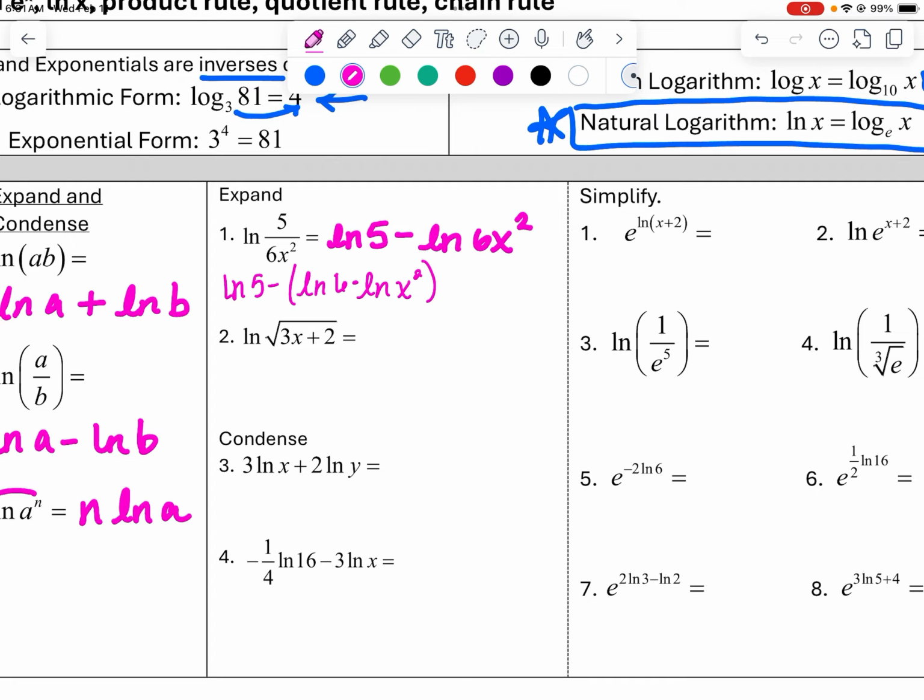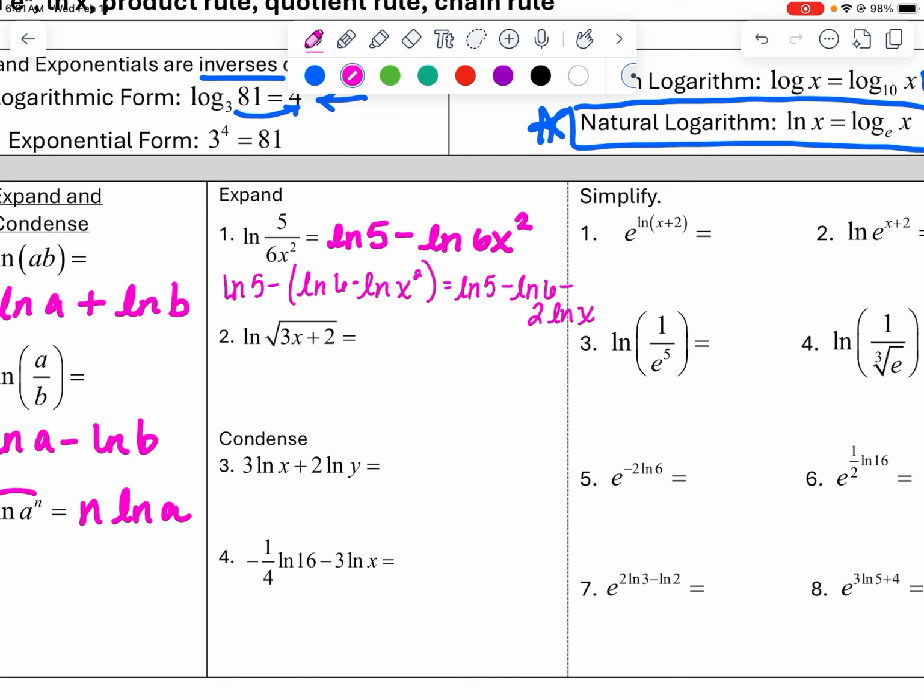And we can expand more by moving that 2 on the x squared out front. So this is natural log of 5, and we can distribute the negative, so minus natural log of 6 minus 2 natural log of x.